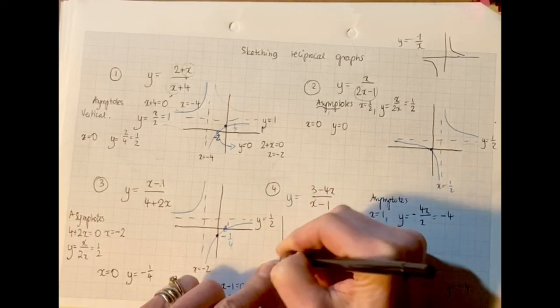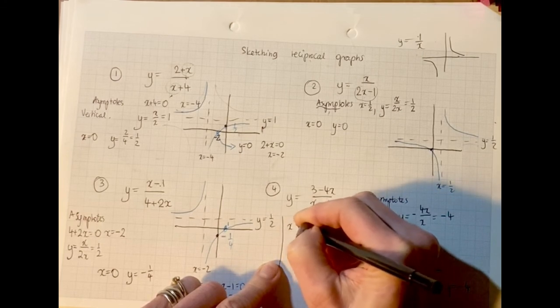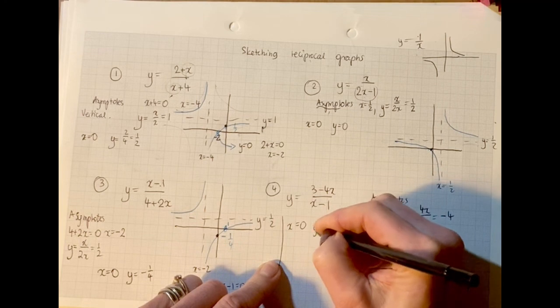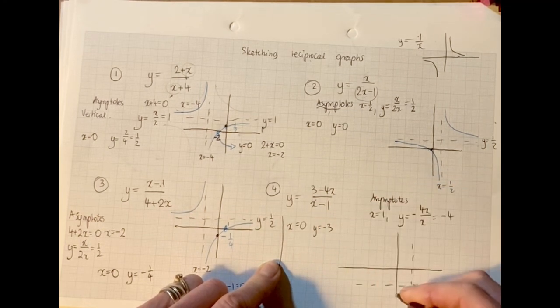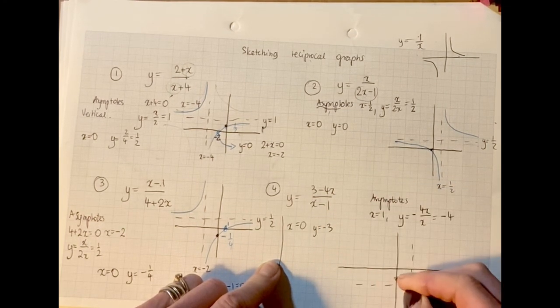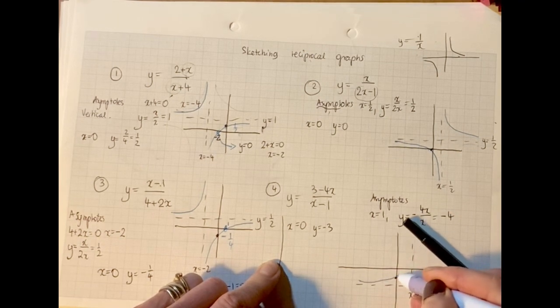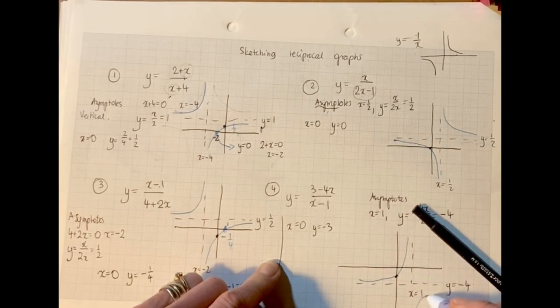Find the intersections with the y-axis, so x is equal to 0, you have 3 over minus 1. So it's minus 3. It tells me the branch will go over here, and there will be another branch over here.